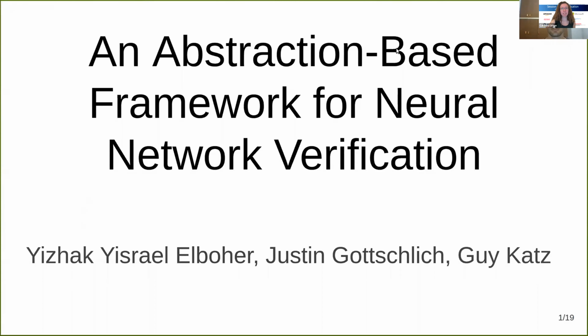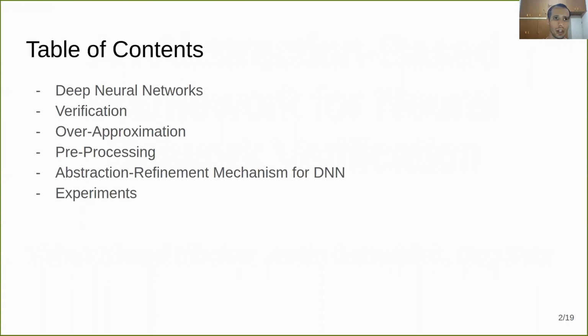Hi, my name is Ishaq El-Bouher, and I'm a PhD student at the Hebrew University of Jerusalem. Today I will talk about joint work with Justin Gottlich and my supervisor, Guy Katz, on an abstraction-based framework for neural network verification. I will talk about deep neural networks, their vulnerability, verification of deep neural networks, and its complexity.